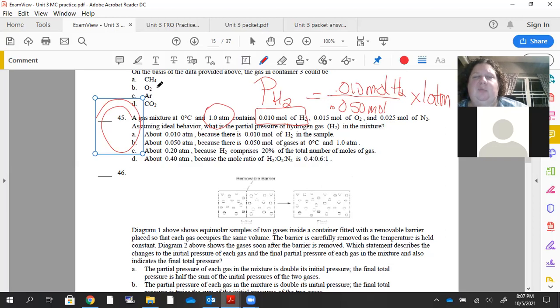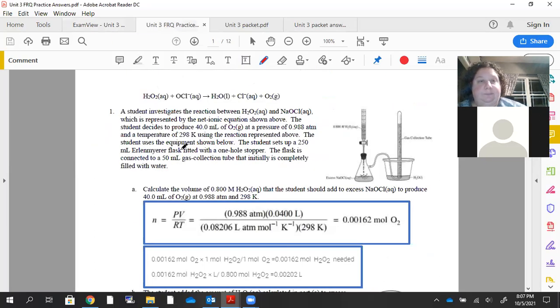And then the only other thing about pressures was what we did with the lighter lab, where we have to subtract away the vapor pressure of water. That's going to be really obvious in the question. I know there's one on your free response like this.